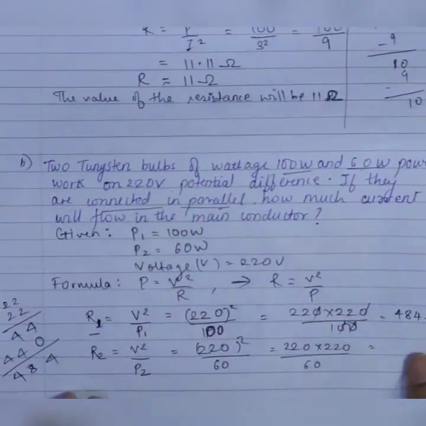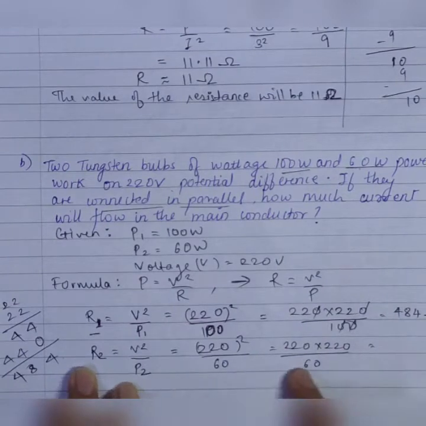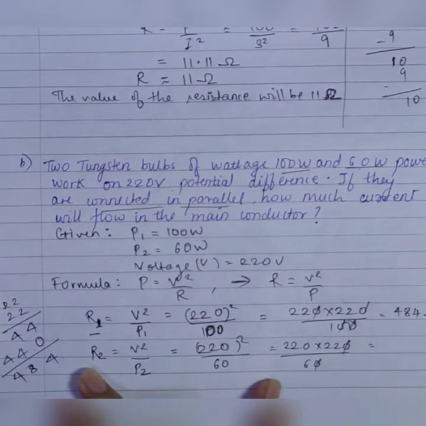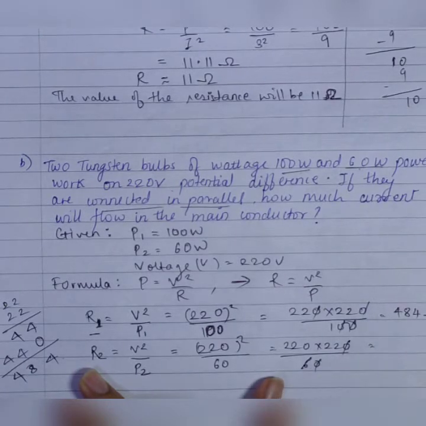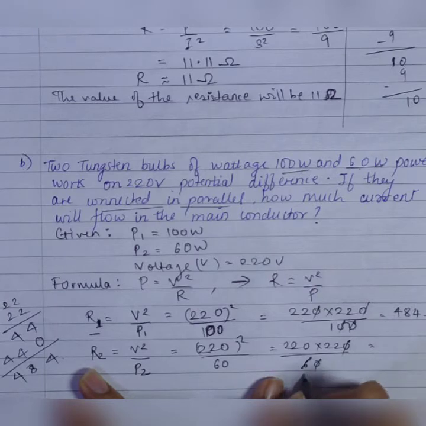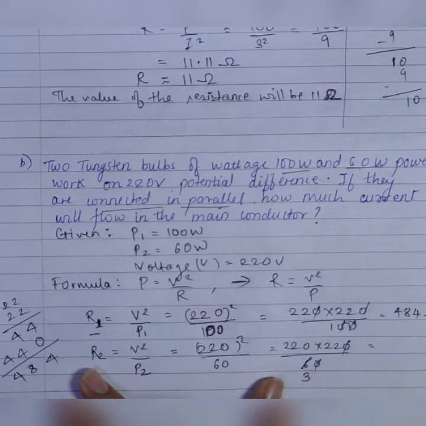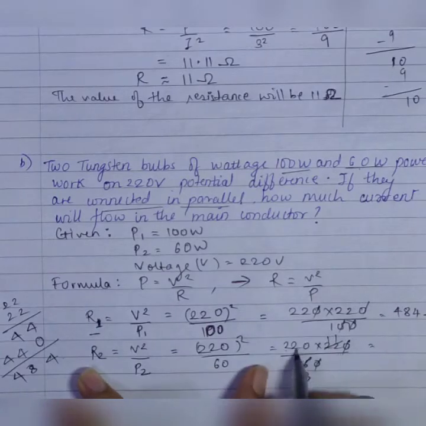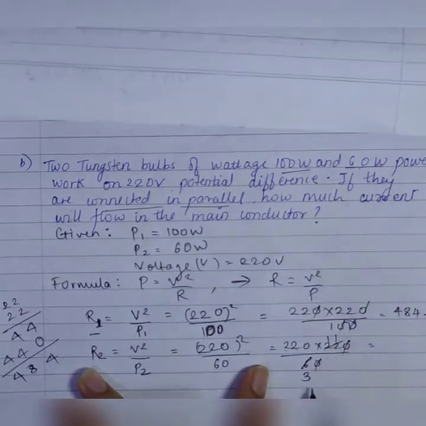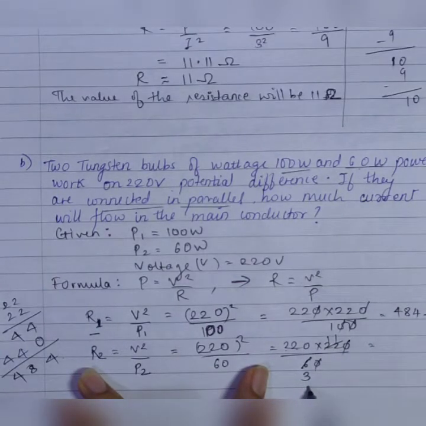Okay, next for my R2, this and this get cancelled out. Now let's try to divide this. Let's divide it by 2. So 22 into 11 first I have to do, and then divide by 3.